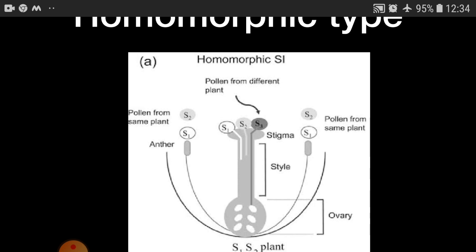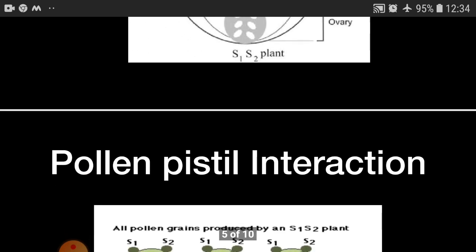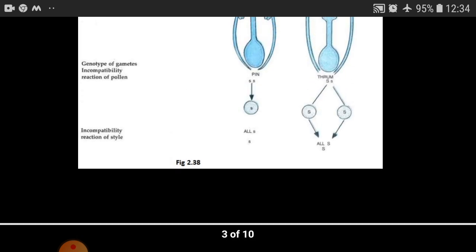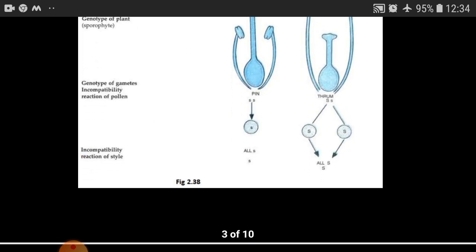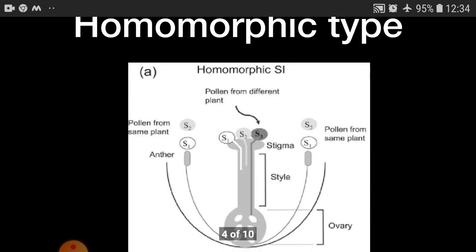And if it is due to the genotype of male gametophyte, that is pollen, then it is known as gametophytic incompatibility. Okay, so do you get it? The different types of incompatibilities we are talking about, that is the heteromorphic type and the homomorphic type.